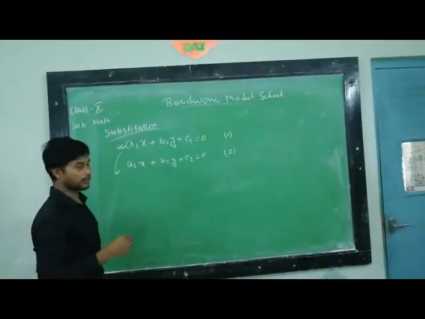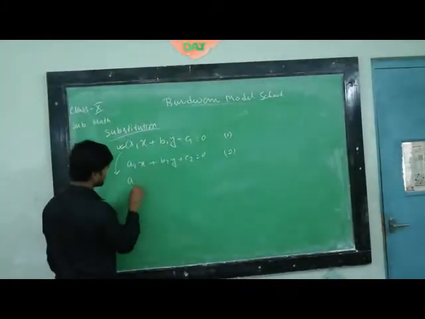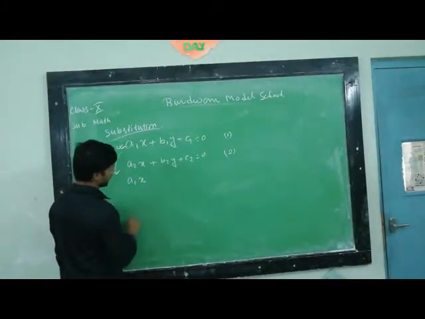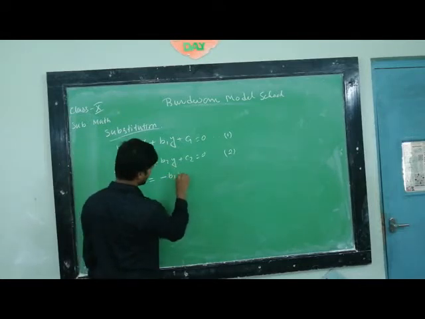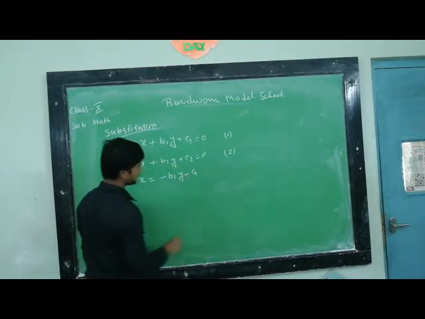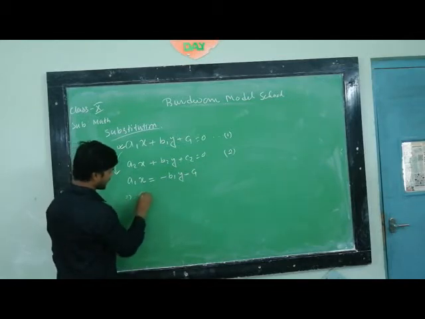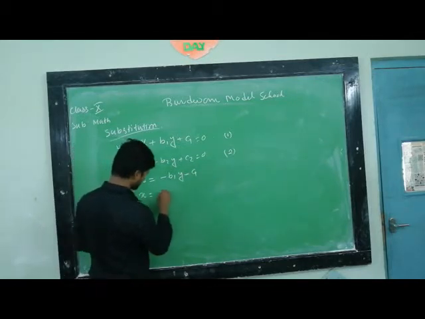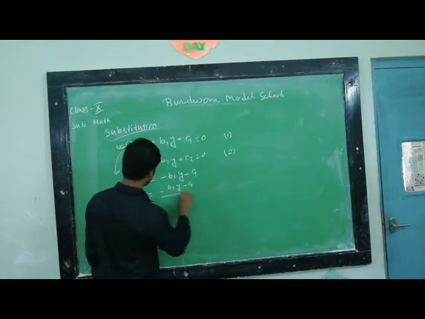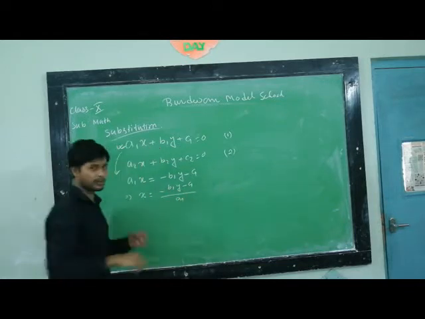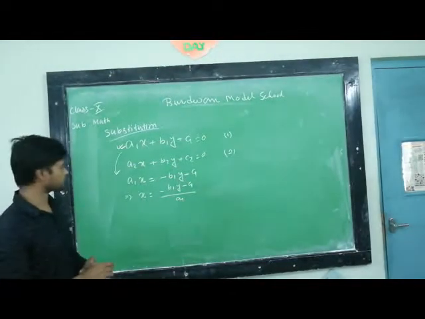If we calculate the value of x, a1 into x is equal to minus b1y minus c1. That means x is equal to minus b1y minus c1 by a1. Obviously a1 must be not equal to 0.